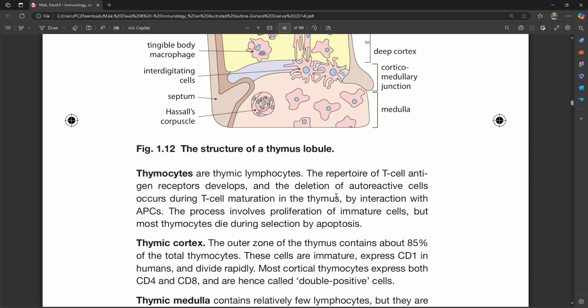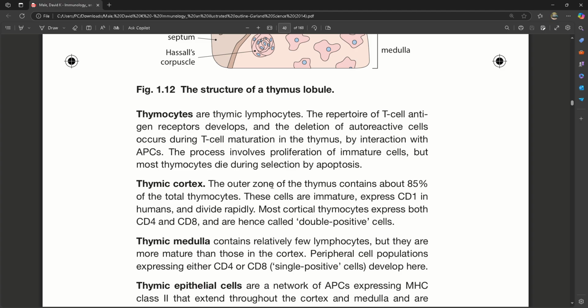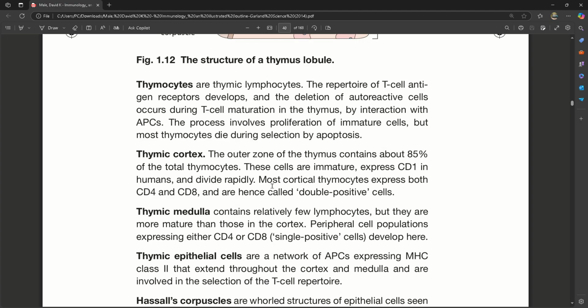Deletion of autoreactive cells occurs during T cell maturation in the thymus by interaction with antigen-presenting cells. The process involves proliferation of immature cells, but most thymocytes die during selection by apoptosis. Means 92% will die, only 8% will be left.